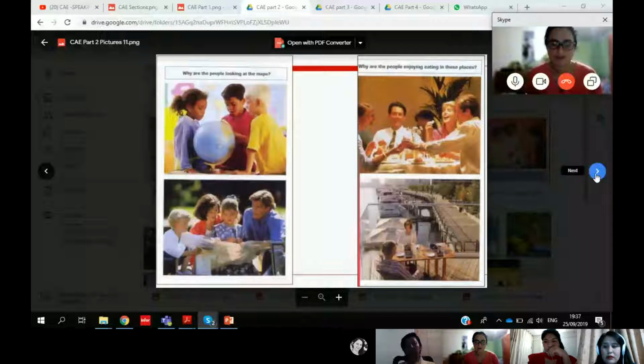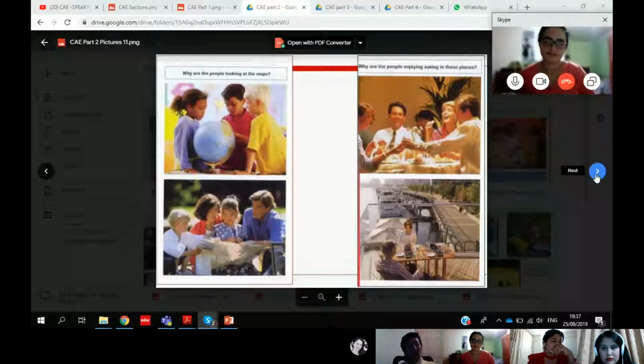Because it's a special moment, a celebration. It's not a celebration. They are looking at a map.